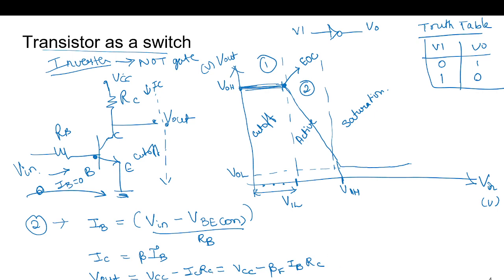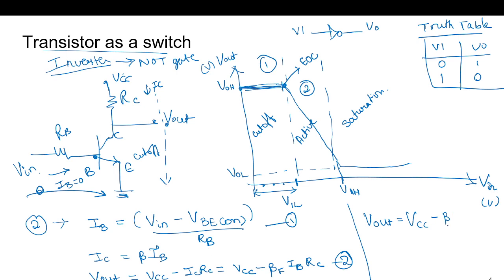By substituting all these equations, substituting IC as beta IB, this is equation 1. Let this be 2. Then next, Vout is VCC. We know what is the value of IB from equation 1.